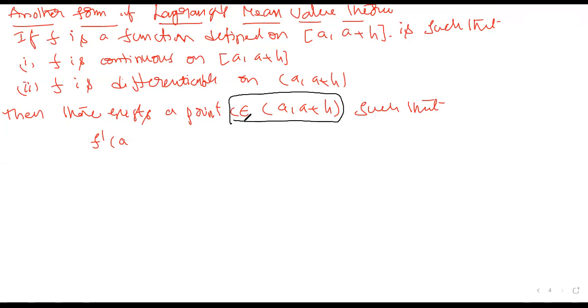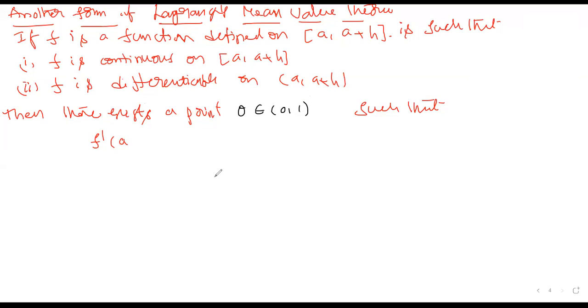So instead of this c, here there exists one more element. What is that? Theta belongs to 0 comma 1. This is very important. That's why I'm telling. So there exists a point theta belongs to 0 comma 1.